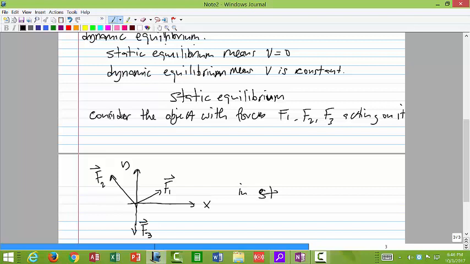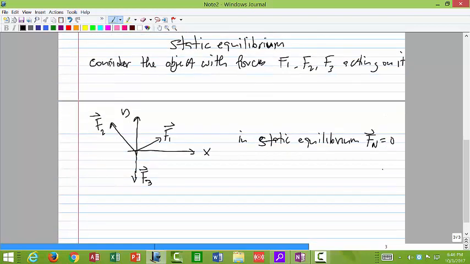So in static equilibrium, F net is equal to 0.